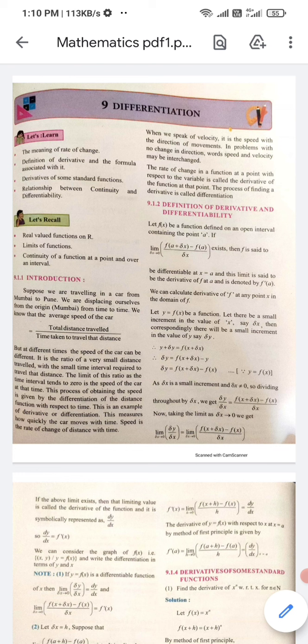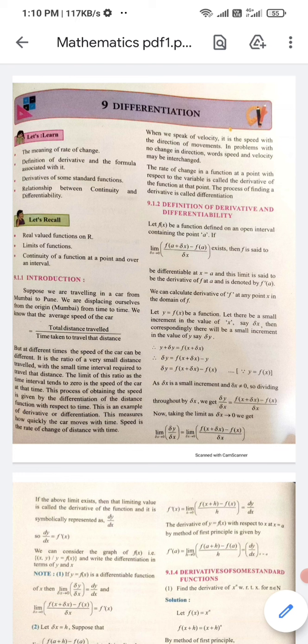As delta x is a small increment, we are dividing both sides by delta x. So delta y upon delta x is equal to f of x plus delta x minus f of x divided by delta x. Now we have to take the limit, that is delta x tends to 0.